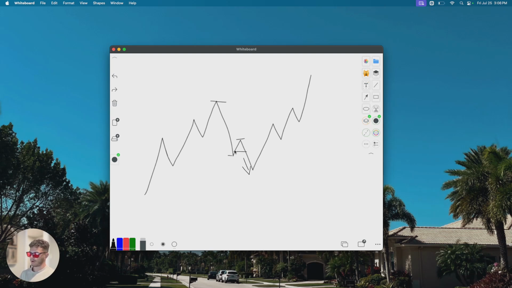They're either taking longs, expecting the position to go up with a stop loss here, or they're taking shorts with a stop loss here and expecting it to go there. In my opinion, it's way too open to interpretation. Just want to get that out there.